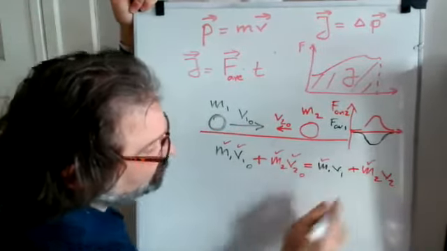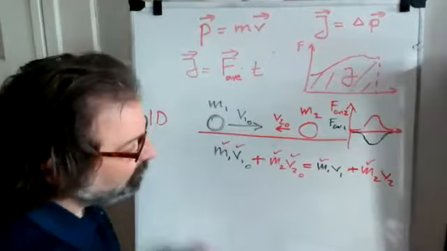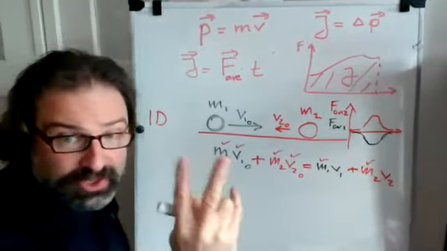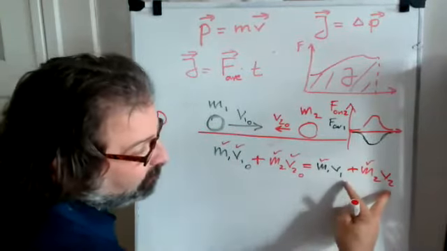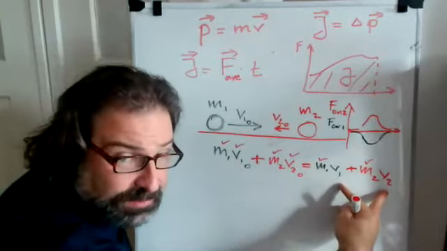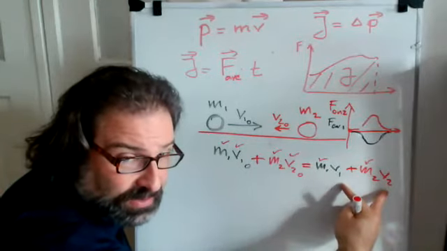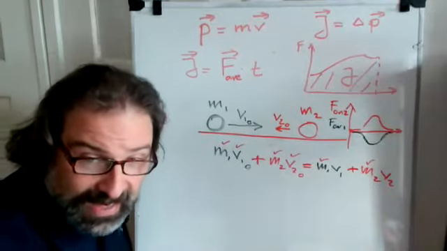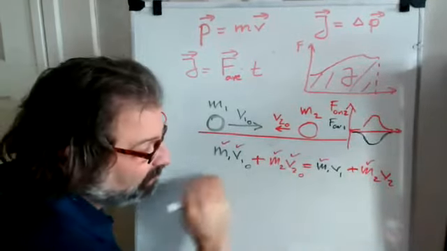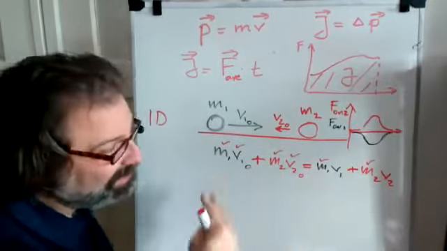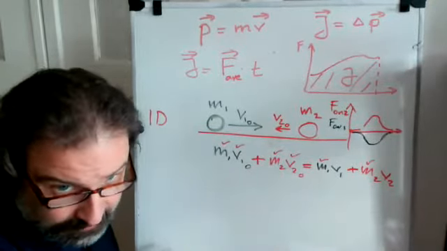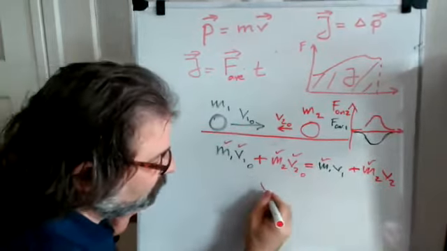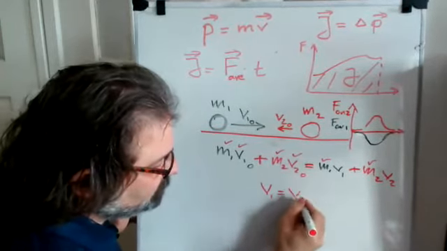And this leaves us with a problem because in this equation, as you notice, we now have 2 unknowns, V1 and V2, the speed of the 2 objects after the collision. So in order to solve this system, we actually need a system. We just have one equation with 2 unknowns, so we need a second equation. The second equation could be, and that's the example I gave you, V1 equals V2.